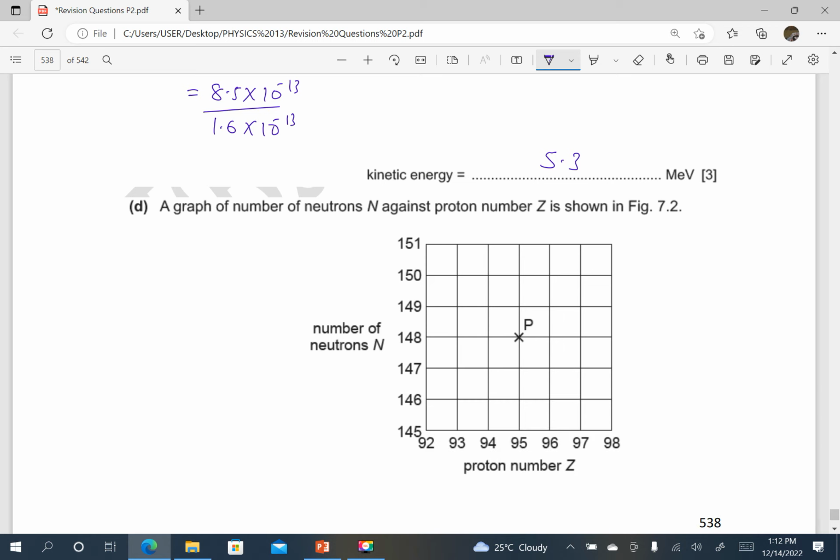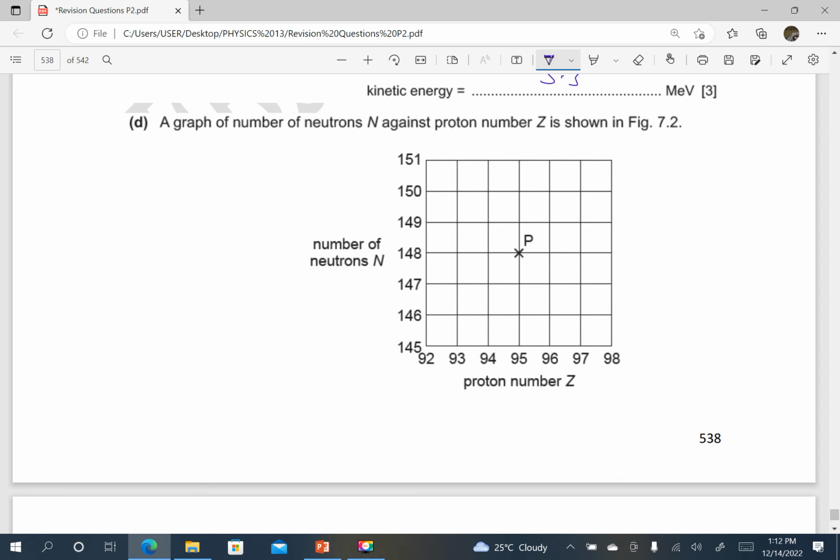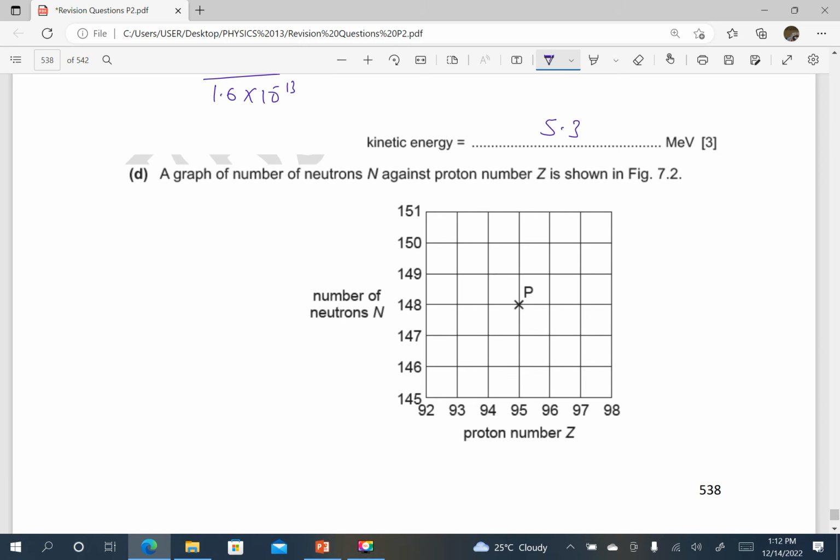A graph of number of neutrons N against proton number Z is shown in the figure here. So they have given us P. Let's find P. P has proton number 95. Neutron number capital N is 148.